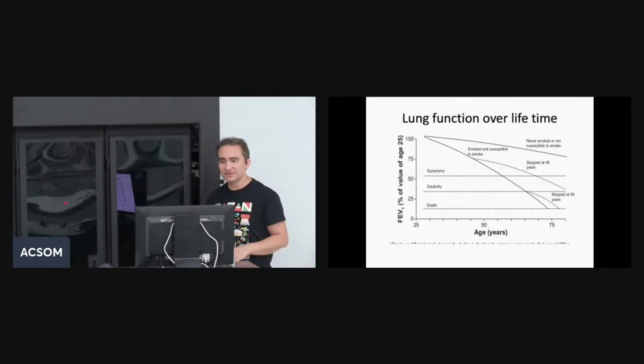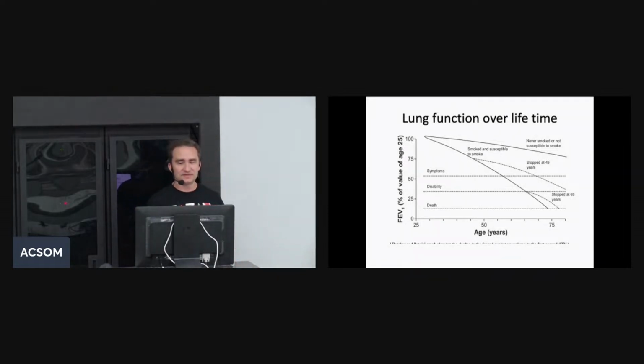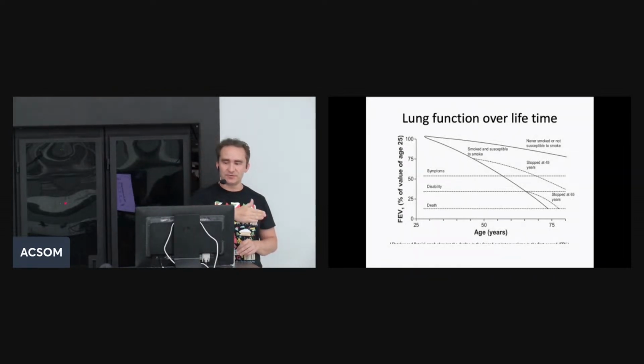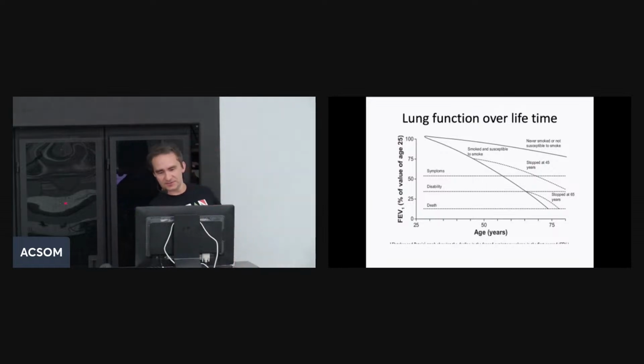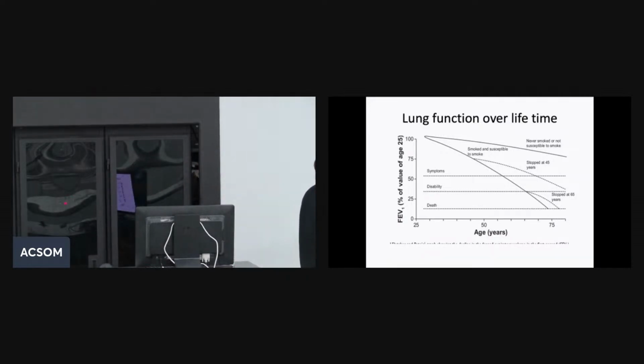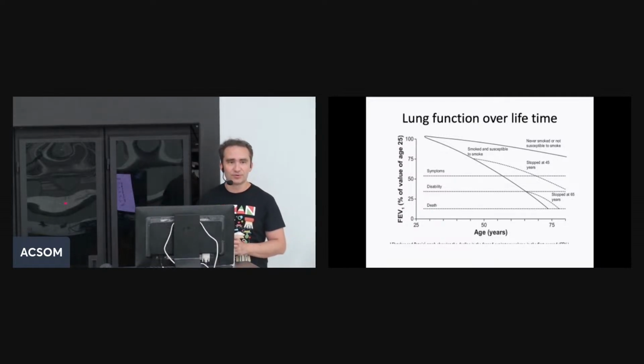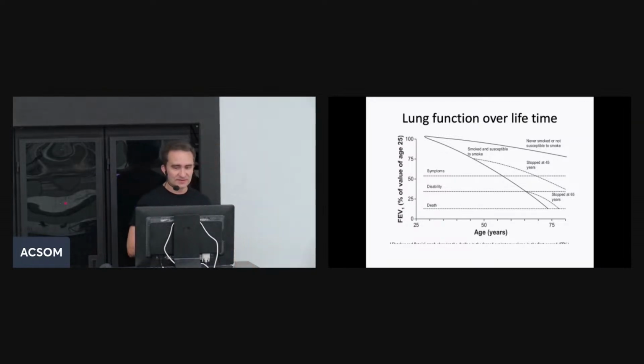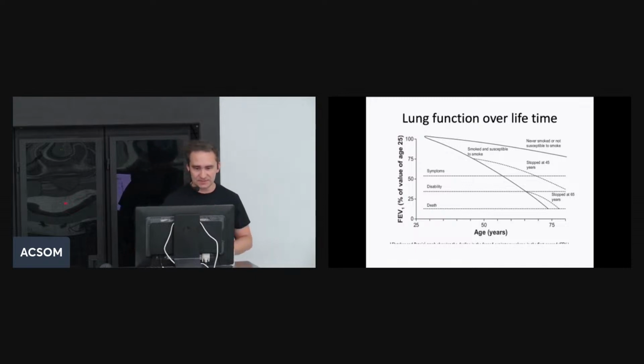But if somebody is smoking, the same line goes down, and symptoms on this graph are shown when somebody is around 60 years old and becomes symptomatic. If somebody keeps smoking, which is not unusual, and many people will be surprised with COPD on oxygen that they still smoke, then they get to the disability point quicker.